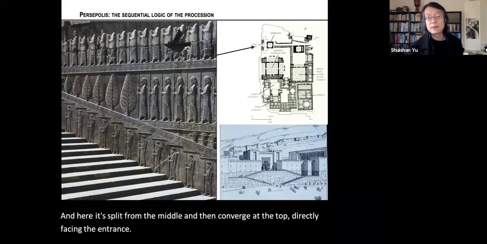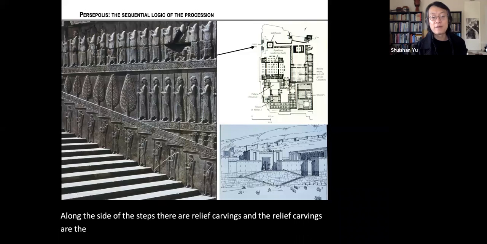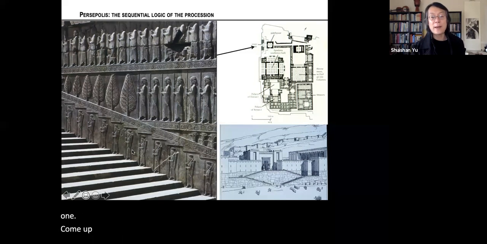Along the side of the steps, there are relief carvings, and the figures in the relief carving face the same ascending direction. So one coming up the steps felt as if they were participating in a parade, paying homage to the king.